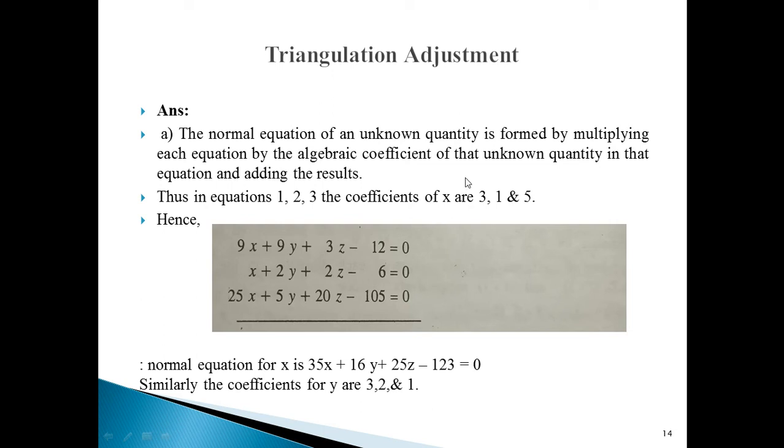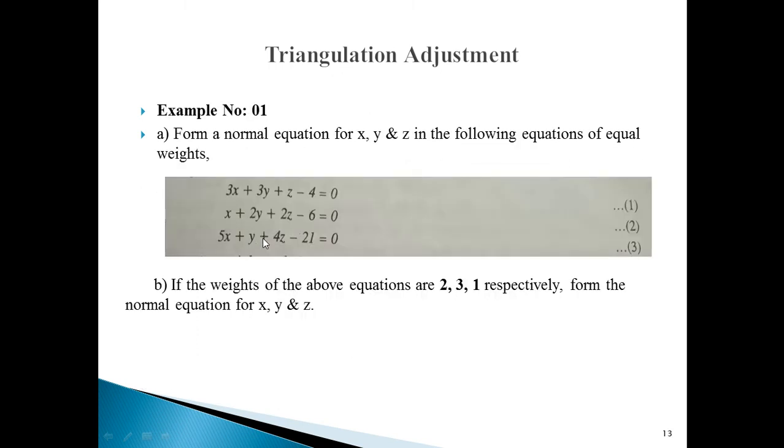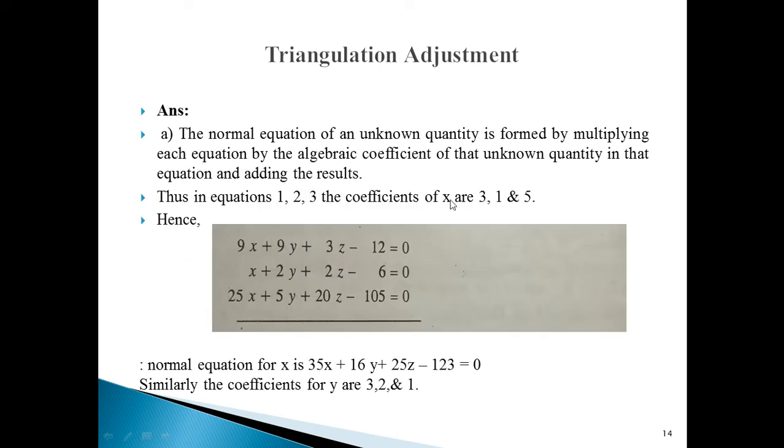We multiply each equation by the algebraic coefficient of the unknown quantity to form the normal equation. So we multiply the first equation by 3, the second equation by 1, and the third equation by 5.